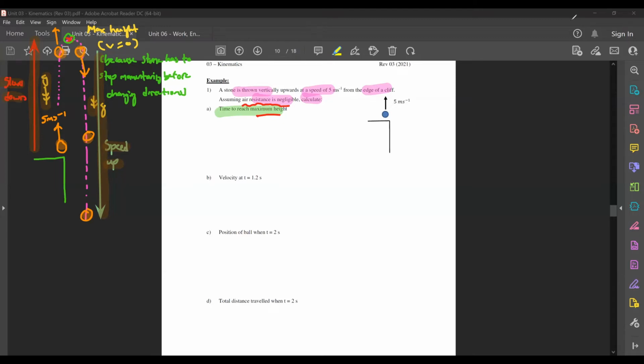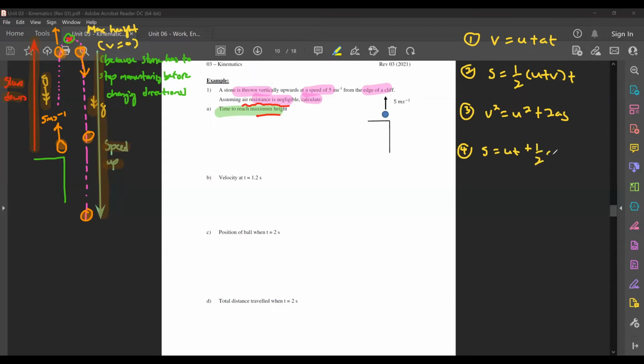So when you have a constant acceleration case, you can always use the kinematics equations. These are the most basic form of your kinematics equations. Right, it's always this one.